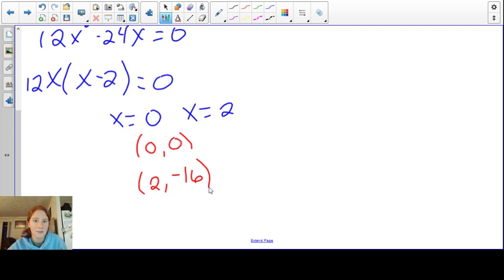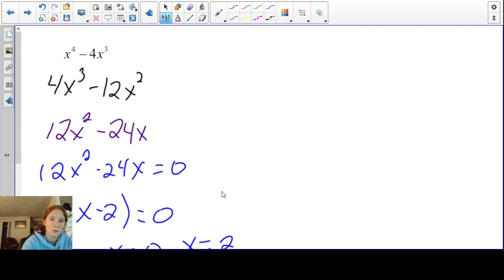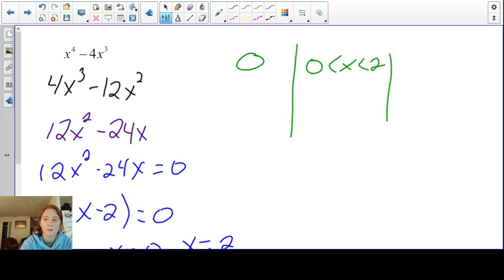Now I need to discover what's going on with my graph. Am I going to be concave up or concave down? My two possible points of inflection were 0 and 2. So just like with my first derivative test, I have my intervals: less than 0, 0 is less than x is less than 2, and greater than 2. Those are my test spots.